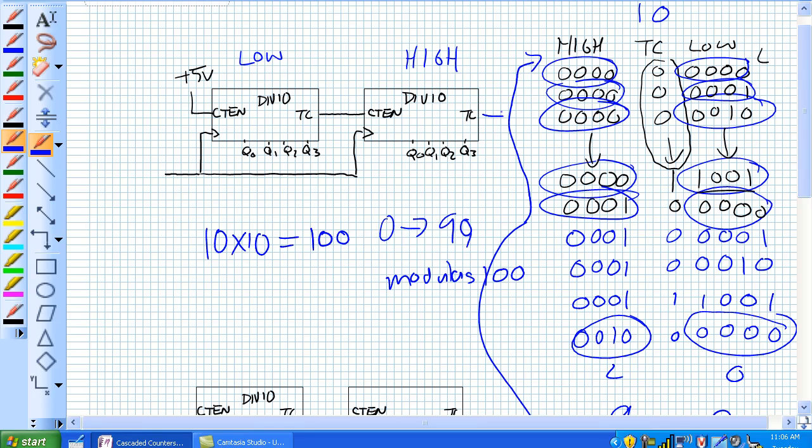If we put a third stage on here, 10 times 10 times 10, we could count up to 1,000, or 0 to 999. Another 10, 10,000. Here's a modulus 16 counter going into a 10. What is our ultimate modulus for this configuration? Well, it's 16 times 10, 160.